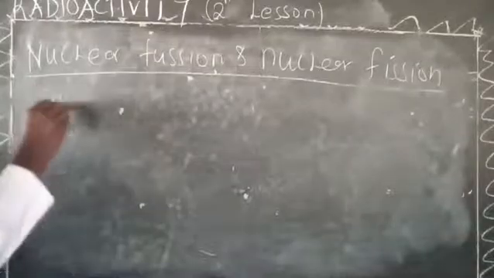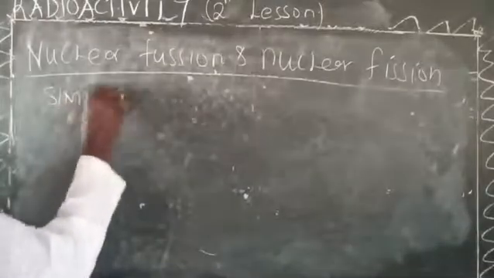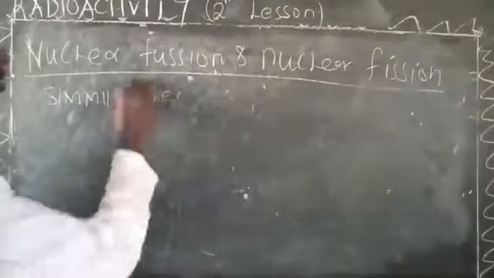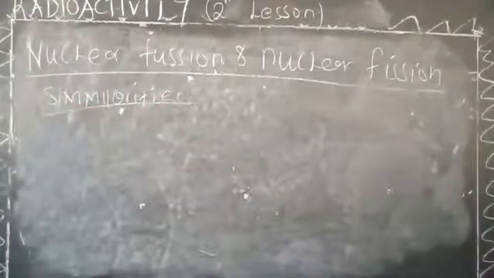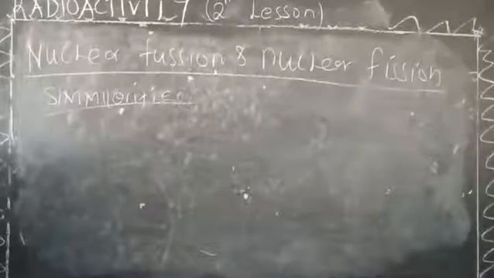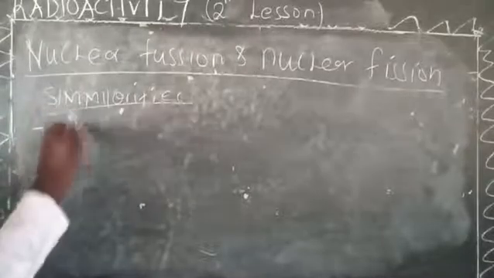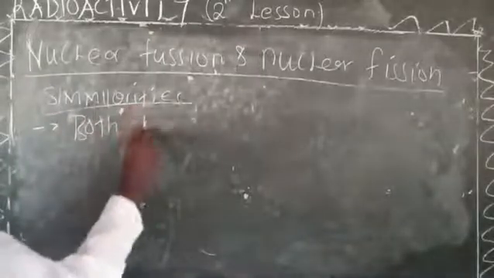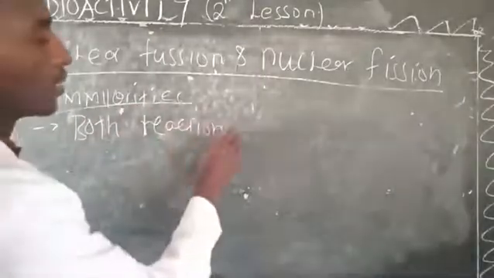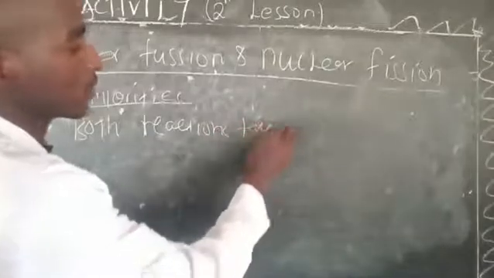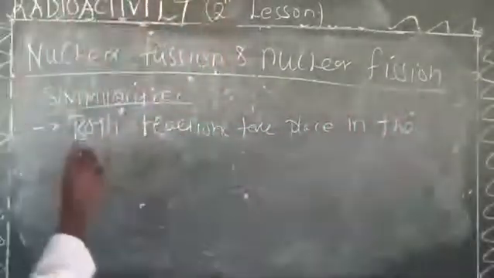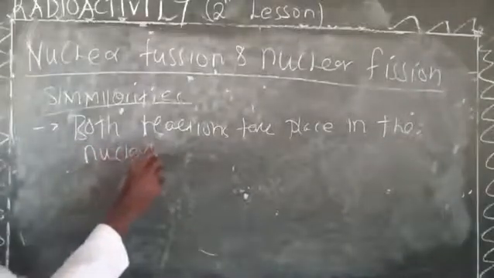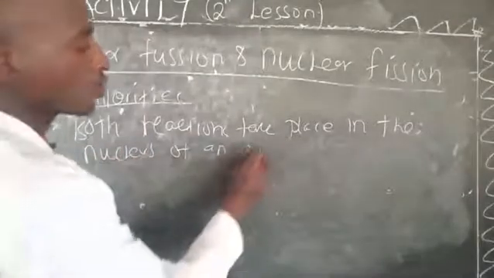Next, let us look at the similarities between nuclear fusion and nuclear fission. We want to look at the common characteristics between them. The first similarity is that both reactions take place in the nucleus of an atom.